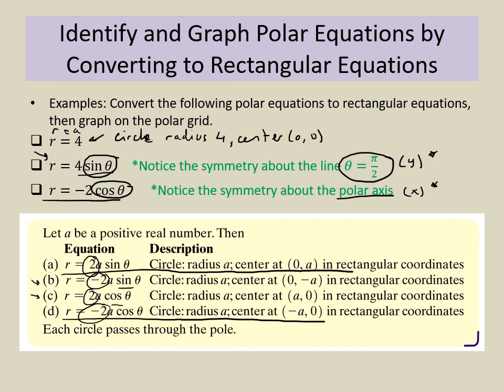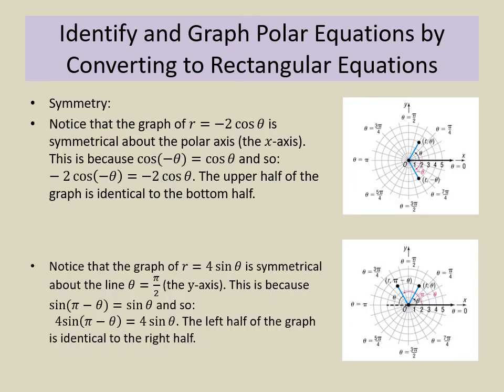So that is the summary for those, and for converting first, in order to graph this, we can convert into x and y, and then we can graph it. This right here is just some information about the symmetry that we've seen. And this is the first one we talked about. When we have a sine, it is symmetrical about the y-axis, or this line right here.